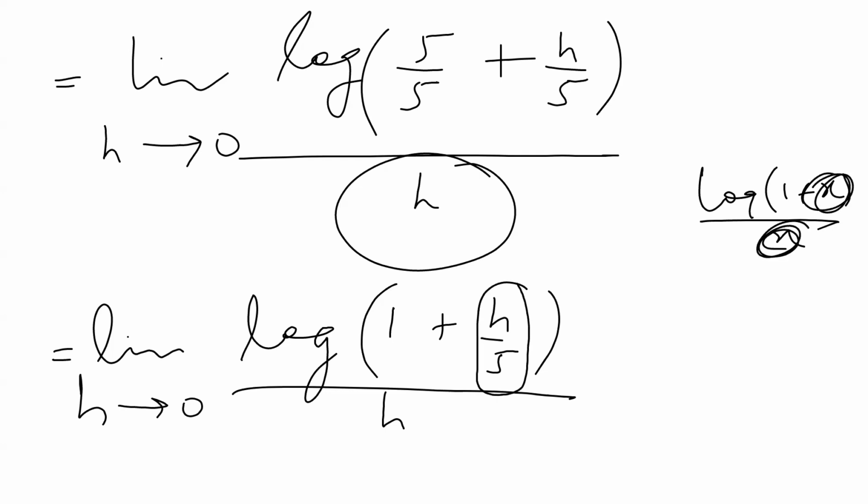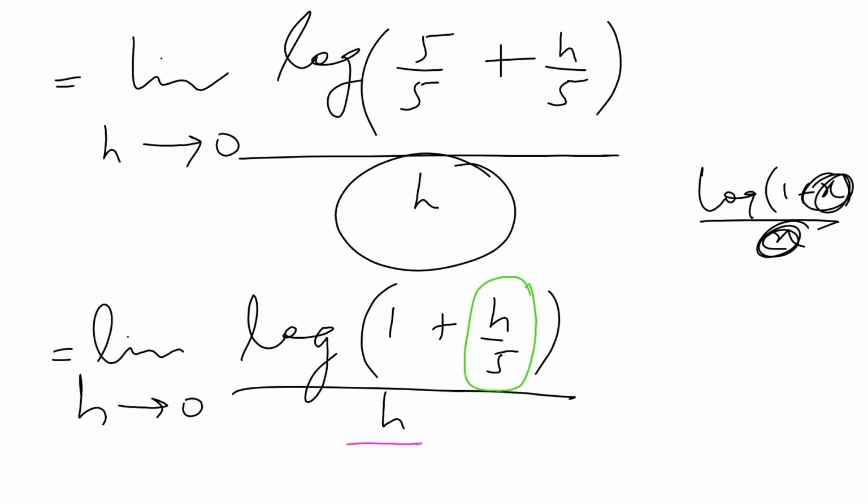So here, if it is h by 5 over here, नीचे क्या रहना चाहिए? If it is h by 5, the denominator should be h by 5, so multiply and divide. Out of which h is already there. Sometimes h won't be there.